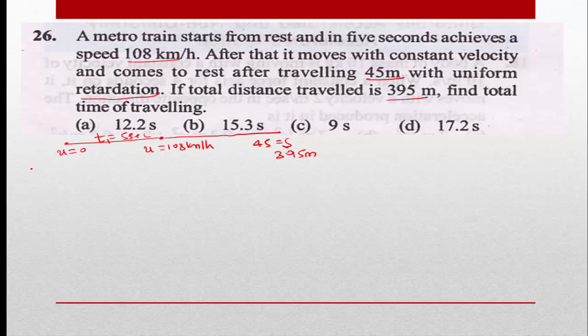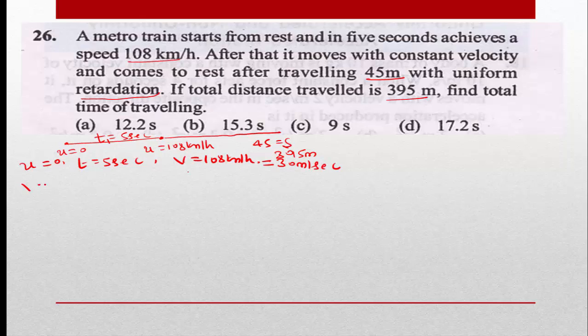Here, in the first part, the initial velocity u equal to 0, time t is equal to 5 second, and velocity v equal to 108 kilometer per hour. I converted kilometer per hour into meter per second, 108 into 5 by 18, we get 30 meter per second.